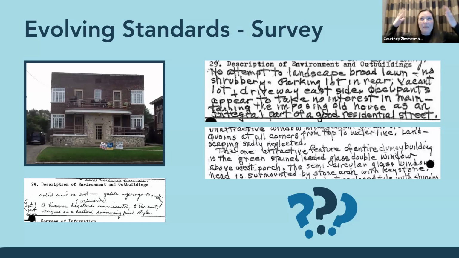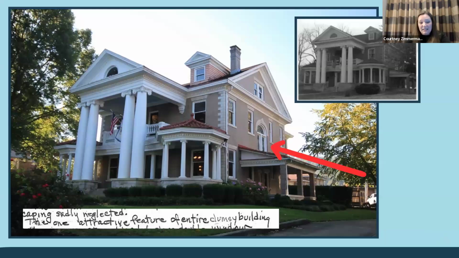Okay, so just try to imagine what this might look like. Okay, next, the big reveal: this is the one attractive feature, that window of this building. So we might have a different opinion of this now. These are the kind of things you find in some of the older historic resource surveys. Next.